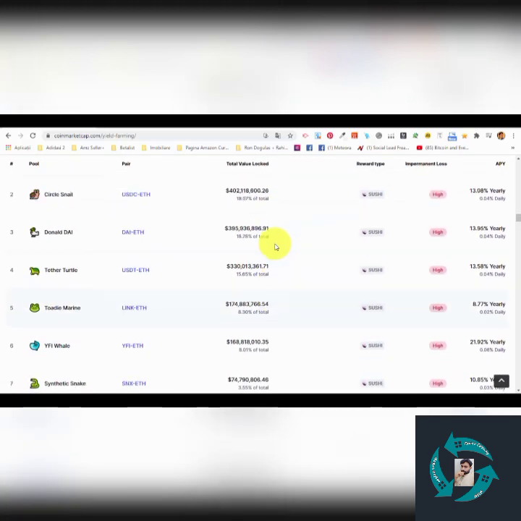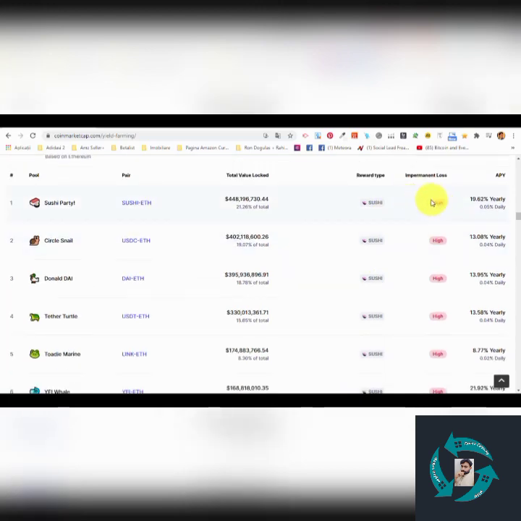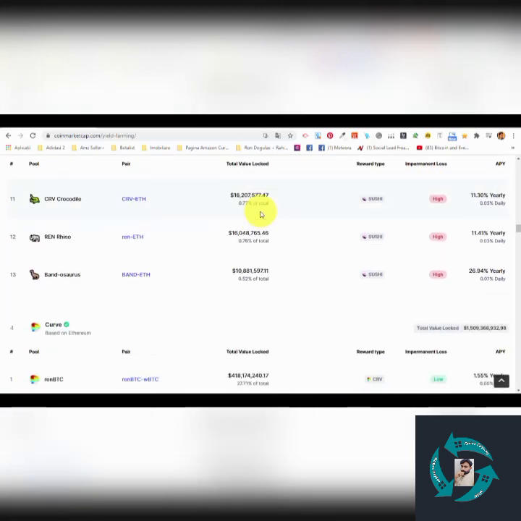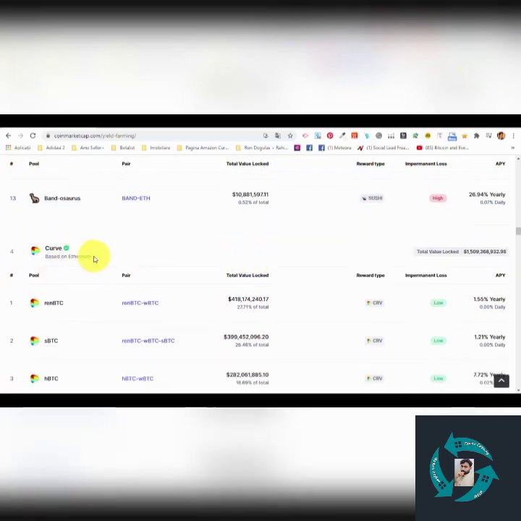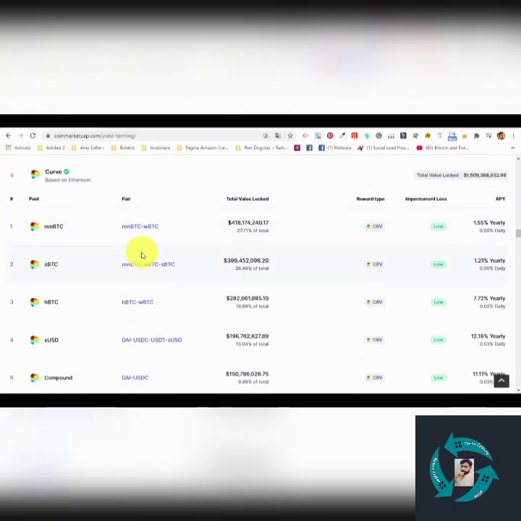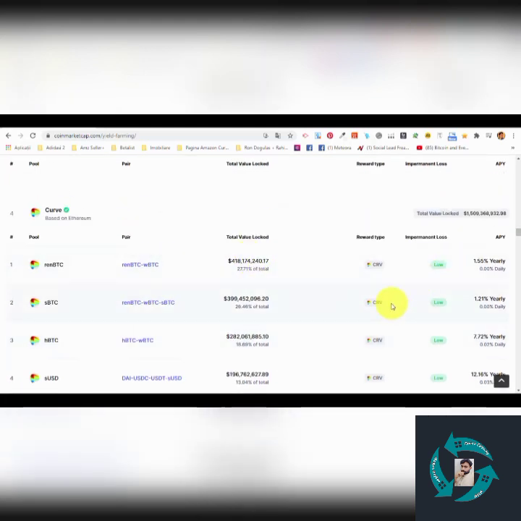let's see what others we have. Sushi. Okay, high risk for Sushi. Then we have Curve, and we can see that Curve has low impermanent loss rates.